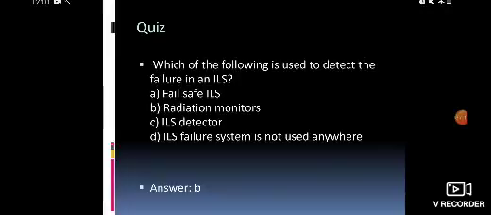If it shows nothing, if there are no radiation patterns on that display, then it indicates a failure in the ILS. That means it will notify that there are some errors in our ILS. That is the answer.